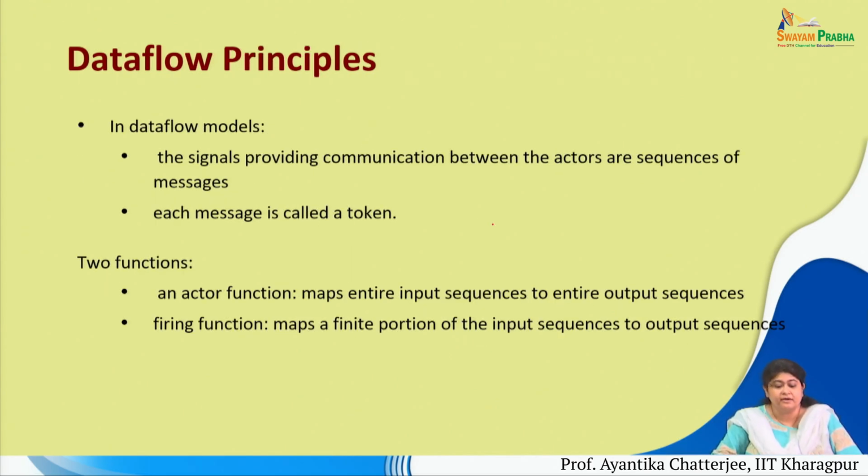Now, when we are talking about data flow principles, there are two main points to discuss. One is, in the data flow model, the signals providing communication between the actors are sequences of messages. Okay. So from one actor to the other, there is some sequence of messages, and each message we will sometimes denote as a token.